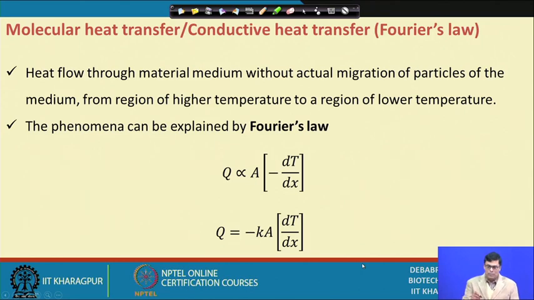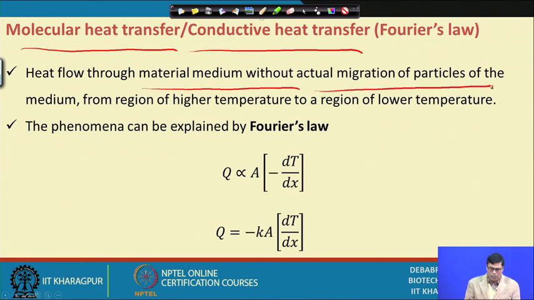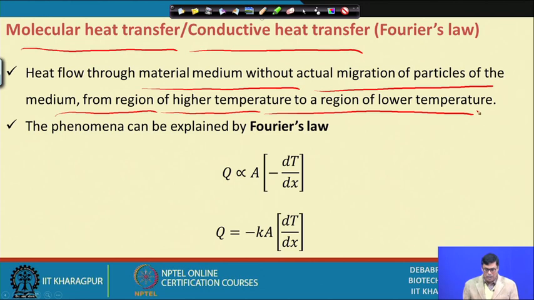Now the question comes: how do you do the analysis of this heat transfer? First is the molecular, or conductive, heat transfer. How can you express the heat flow through the material media without actual migration of the particles of the media, from high temperature to low temperature?